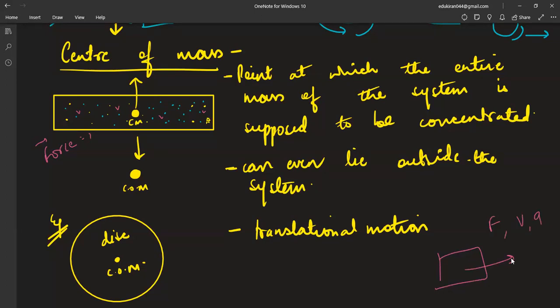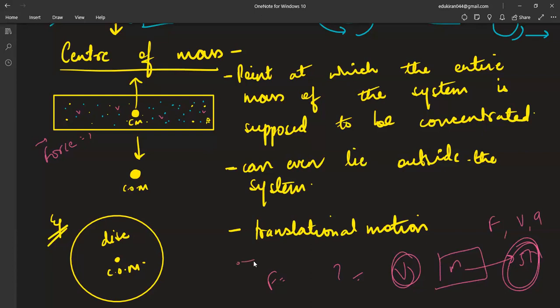If an object is moving, that velocity v which we used to take in our calculations, what exactly is this velocity? Or when we used to take force as 5 Newton, what is this 5 Newton? Because if we look microscopically, there are millions and millions of particles present.